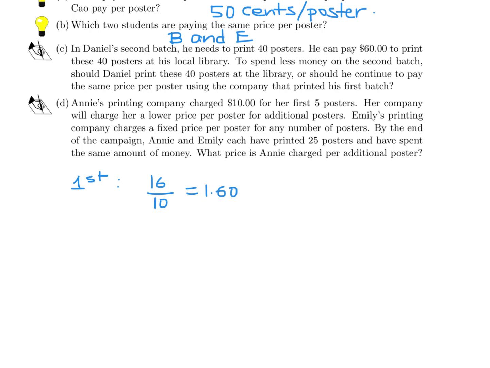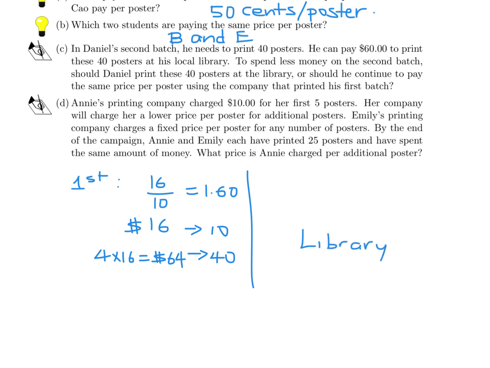Okay, so that means 16 bucks gave him 10. So to get 40, you just multiply this by 4, I guess. So 4 times 16, so that's $64. Okay. All right. Pretty good there. And then at the library, they tell you $60 to print 40 posters.